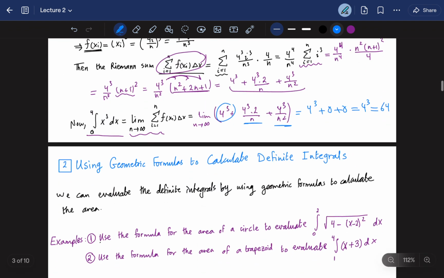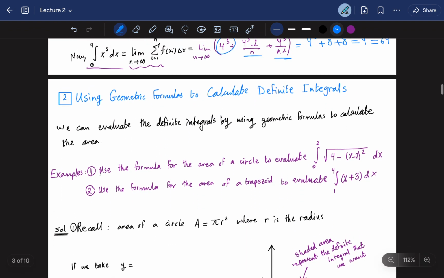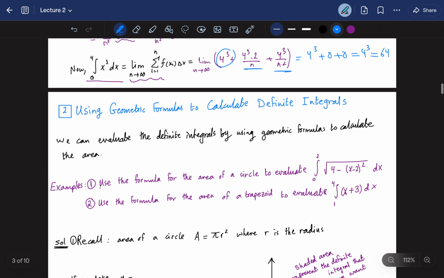Now, the next method that I'm going to talk about is finding the integral using geometric formulas. Since the definite integral represents an area, if I'm able to find an area under the curve with a known formula, I can just use the geometric formula for it and evaluate the area. And that would be equal to your integral.